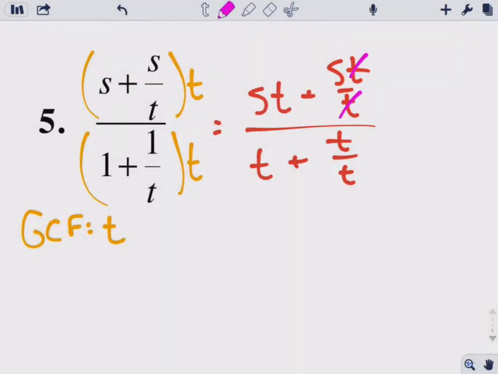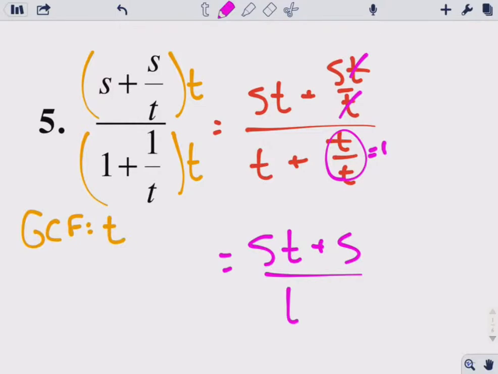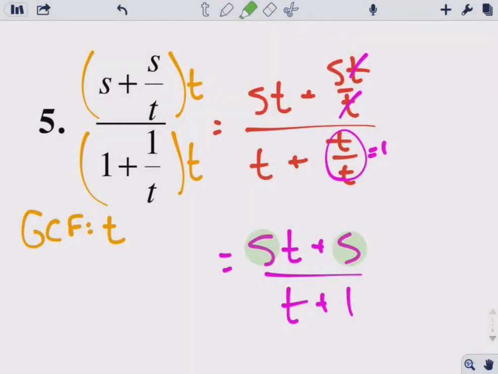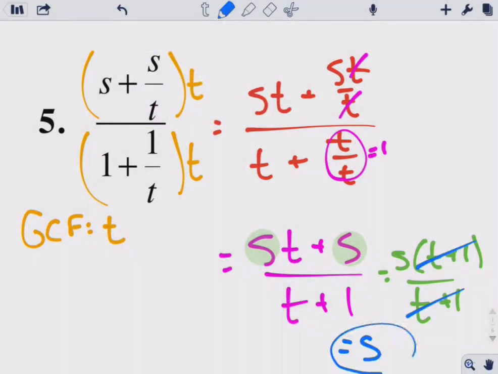T's cancel there, and this thing right here, that becomes 1. So if I take that, I get st plus s over t plus 1. Now if I look at the top, this is factorable. I've got an s, I've got an s and an s, so I can pull that s out, and I get s times t plus 1 over t plus 1. And lovely enough, stuff cancels, and we're left with s.